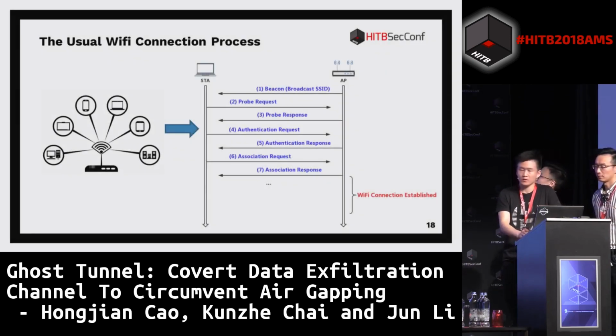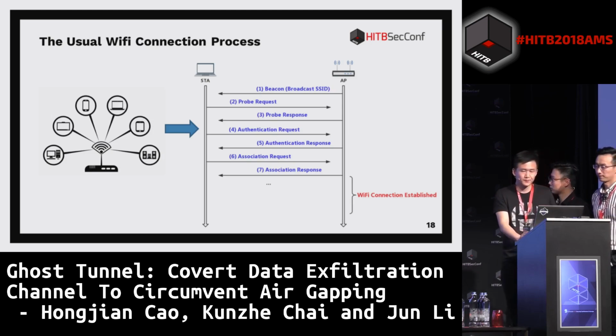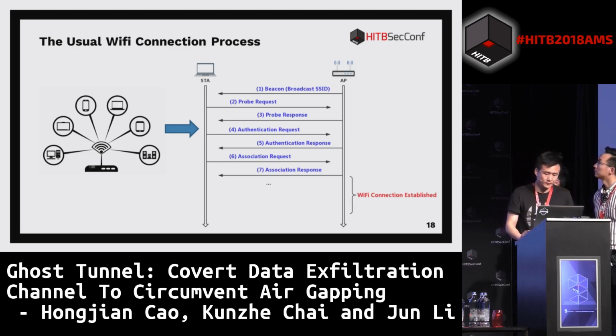We know Wi-Fi is a technology for wireless local area networking with devices based on the IEEE 802.11 standards. Using the normal Wi-Fi communication, a client must first establish a connection with an access point through a request-response process.